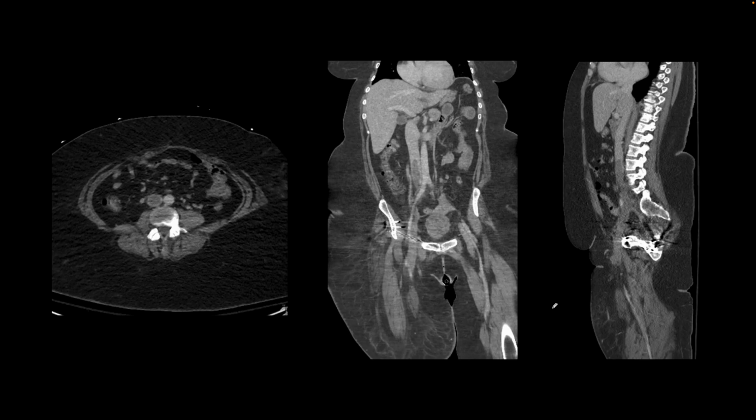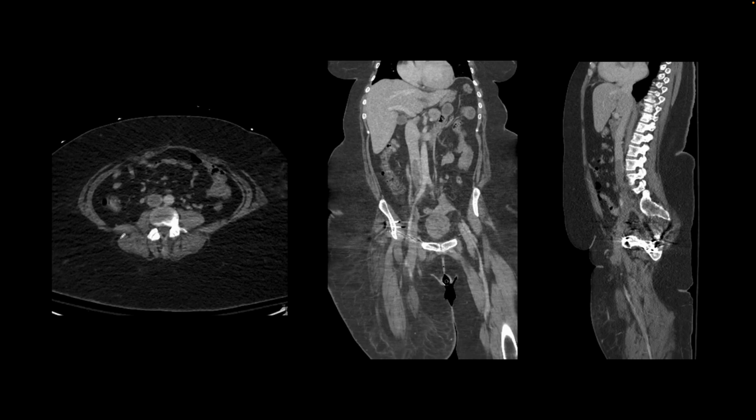Here's our next patient. And so this patient underwent a CT of the abdomen and pelvis, and the finding was unfortunately incidental.